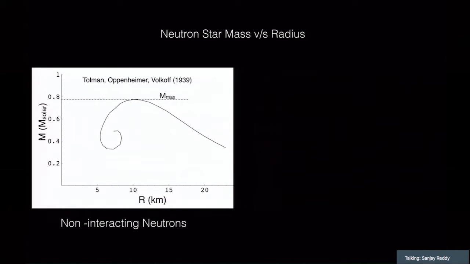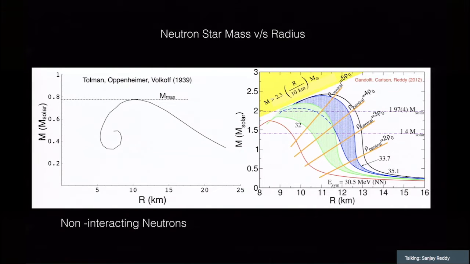And we discussed that this is clearly a problem because the maximum mass of a neutron star made of non-interacting neutrons is less than 0.8 solar masses, but we see neutron stars that are much more massive, say 2 solar masses, in nature. So that's clearly giving us important hints that there must be very strong interactions between neutrons in the neutron star that can provide the pressure needed to support these more massive neutron stars.